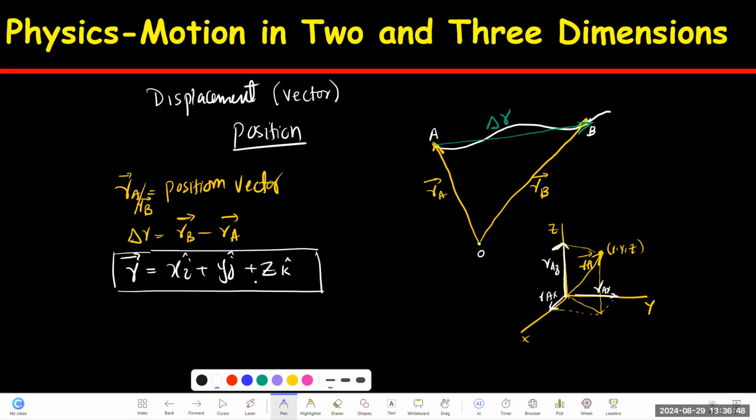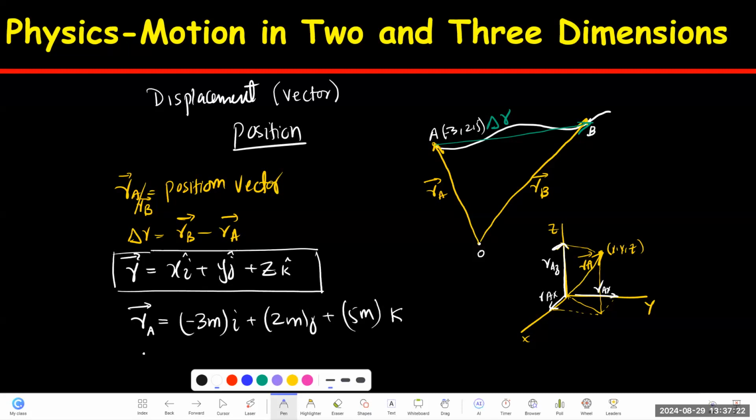Now, if I want the position vector at a particular point, I should give you coordinates, so maybe 3, 2, 5, or minus 3, 2, 5. What you can do is just substitute the values. So the position vector R at A equals minus 3 meters i plus 2 meters j plus 5 meters k.